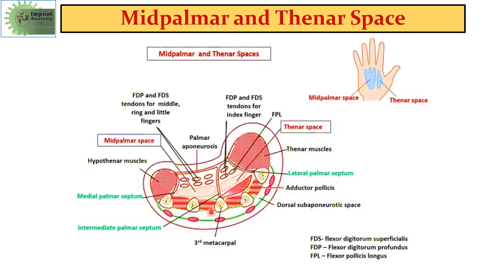Posteriorly, it is covered by the deep fascia and the third and the fourth interossei and the metacarpal bones, the third, fourth and the fifth metacarpal bones.